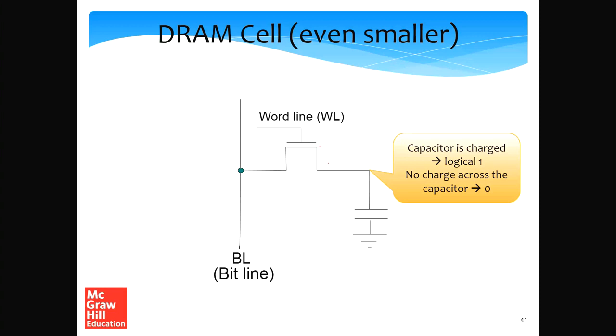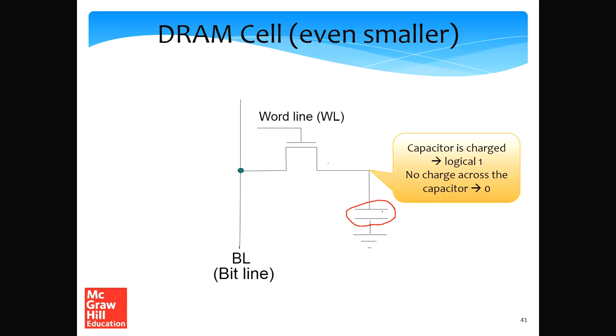The reason for this is that instead of having a cross-coupled pair of inverters, the main circuit in a DRAM is a capacitor. So charge is stored across the capacitor. If the voltage across the capacitor is close to the supply voltage, we can infer a logical 1.